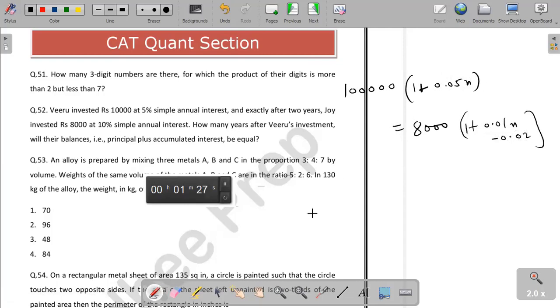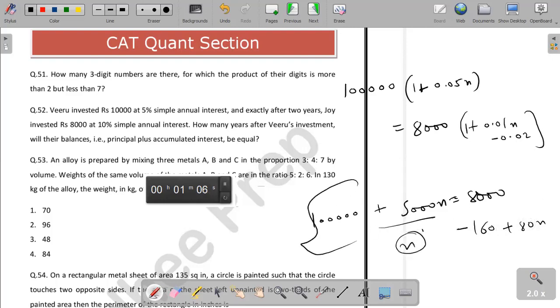Okay, so if I open the bracket, 1 lakh plus 5,000n is equal to 8,000 minus 160 plus 80n. So this should be the answer, and we will get n from this.